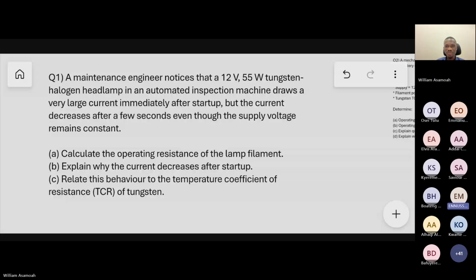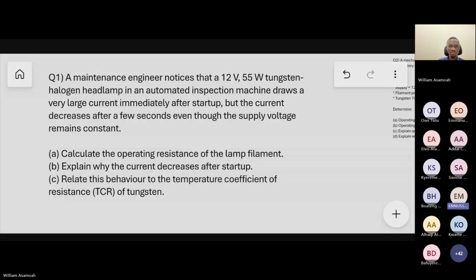A maintenance engineer notices that a 12 voltage, 55 watts tungsten halogen headlamp in an automated inspection machine draws a very large current immediately after setup, but the current decreases after a few seconds even though the supply voltage remains constant.